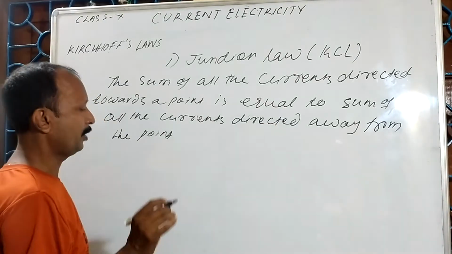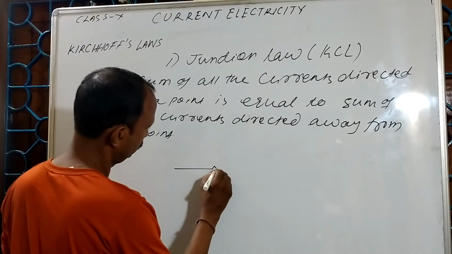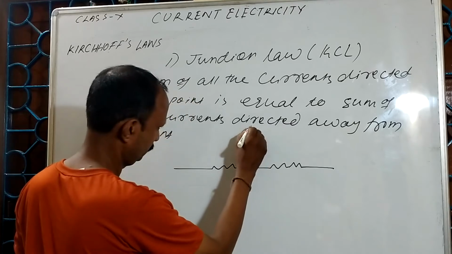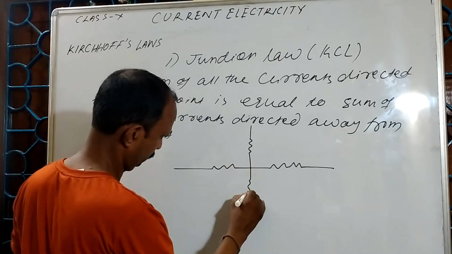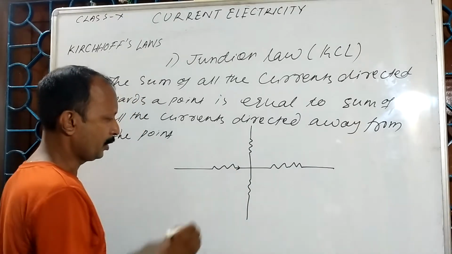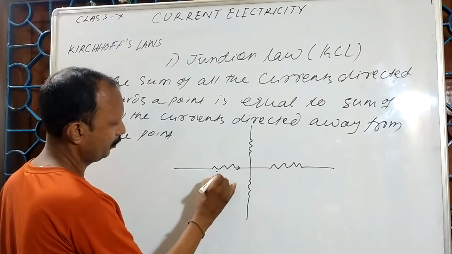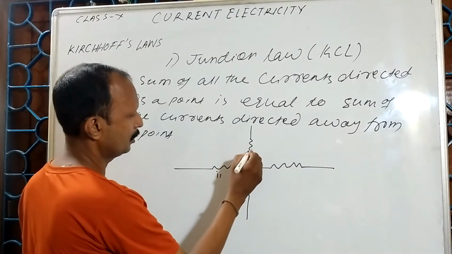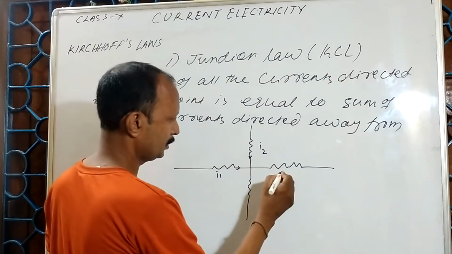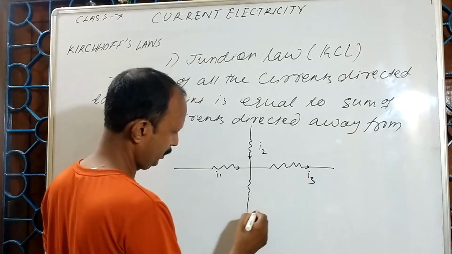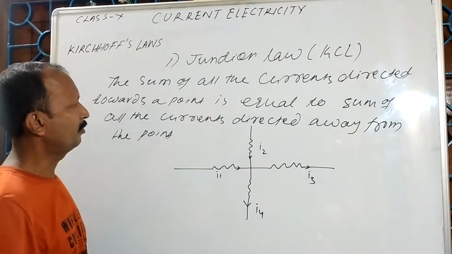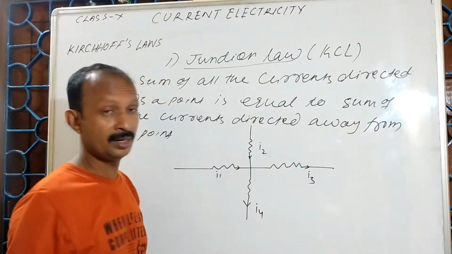That means, for example, say that this is the current I1, this is the current I2, this is the current I3, this is the current I4. Listen carefully. I have written here junction law.